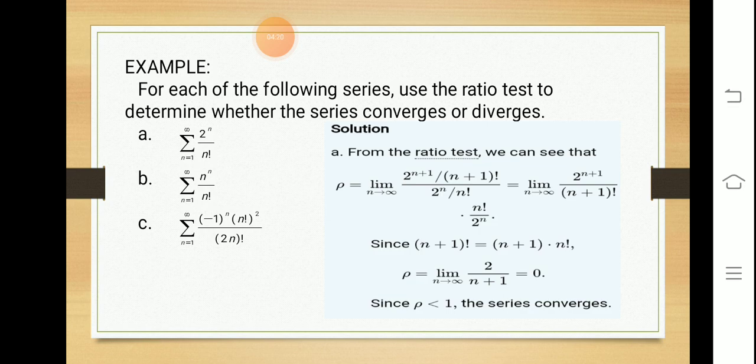So p equals the limit of 2 over n plus 1, which equals 0. Since p is less than 1, the series converges.